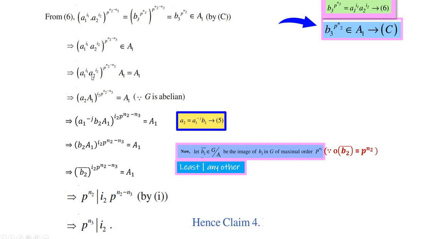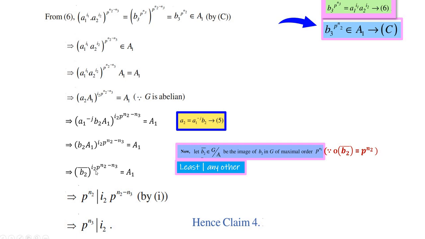So it's very simple to know how this step comes from here. And a2 is now replaced by a1 raised to minus j b2, that's from equation 5. So you have this step, and again this a1 being absorbed by capital A1, you are left with only this, and because A1 is normal, we shall have this as such, because here b2 a1 we are going to rewrite as b2 bar.